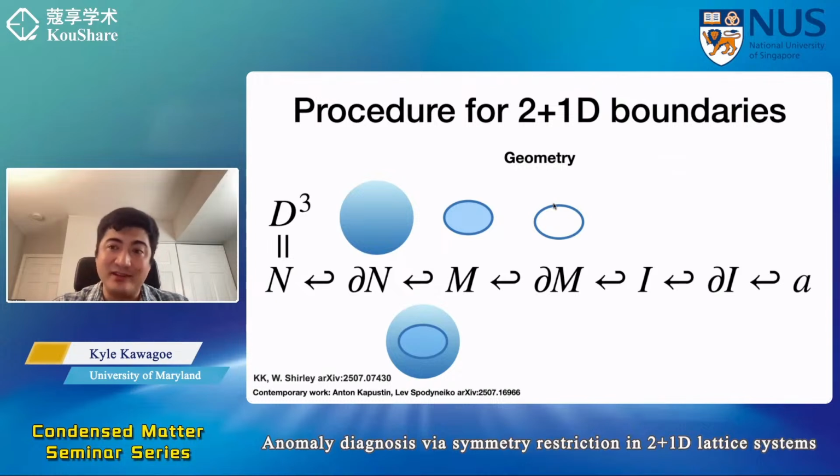So it's the boundary of the disk. Then, representation up to some operator on the boundary.